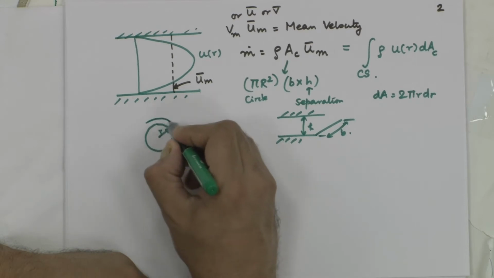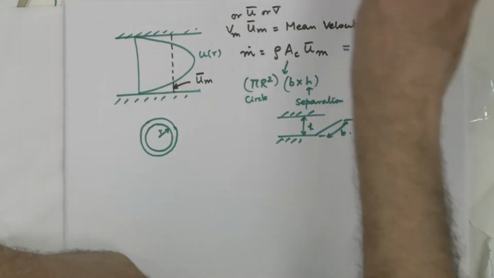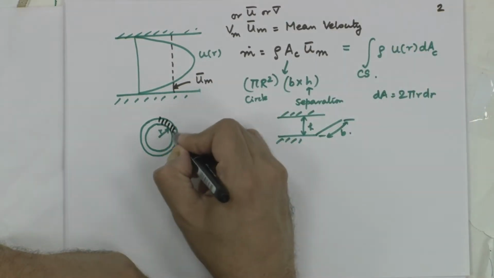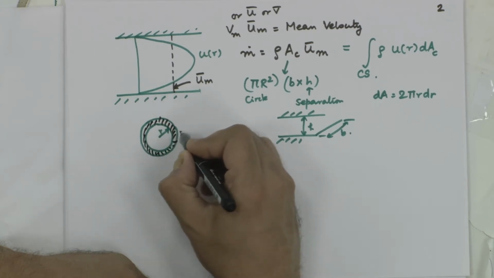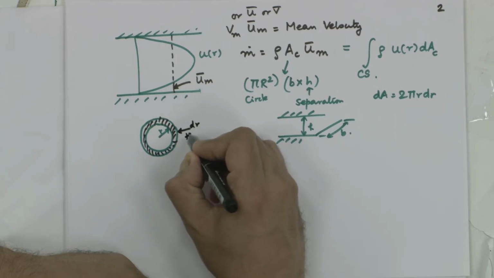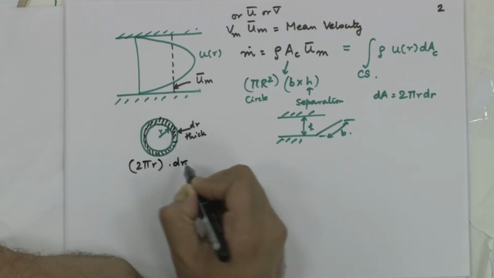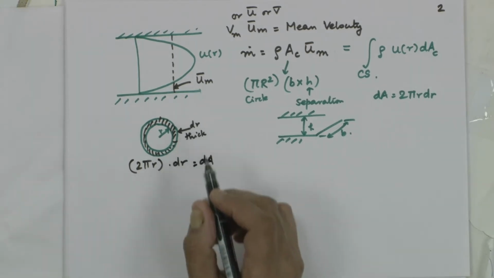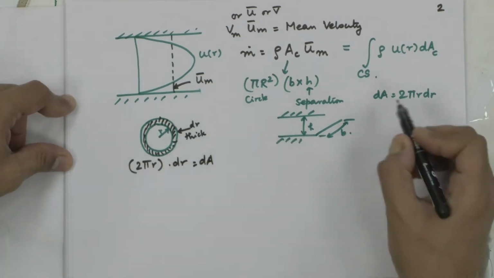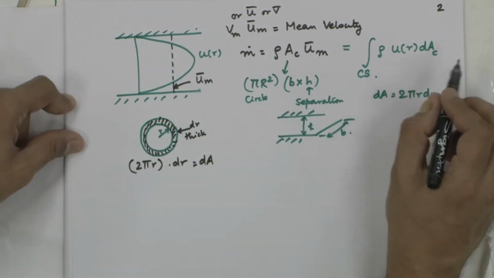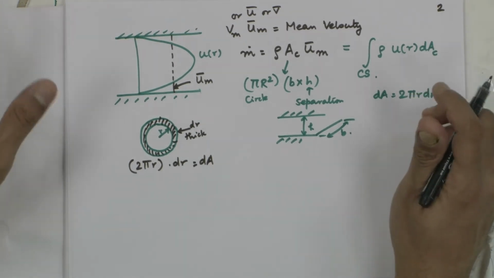The strip has a thickness dr. So, the area of the flow is nothing but 2 pi r, which is the circumference of the inner ring, times the thickness dr. And velocity through this cross section is some arbitrary u of r, whose functional form we are going to derive, but it would be known for a given problem.